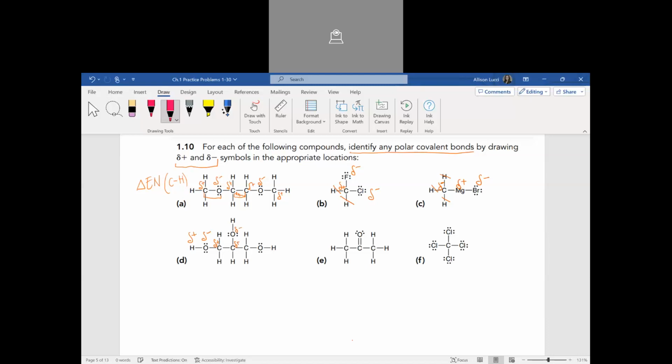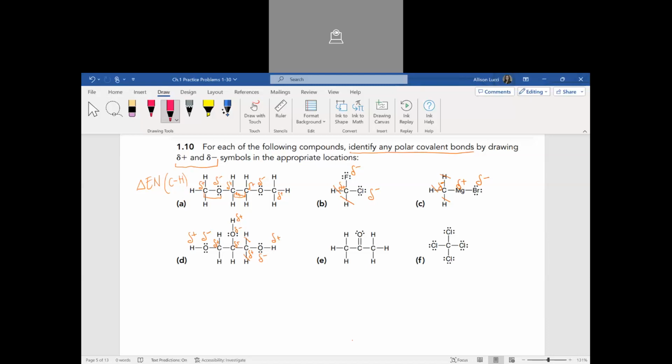That carbon in the middle holds a partial positive charge. That hydrogen there would also hold a partial positive. Then we go down here. The hydrogen-carbon bonds aren't affected, but we see a dipole between this carbon and this oxygen. And then the last partial charge would be placed on this hydrogen.